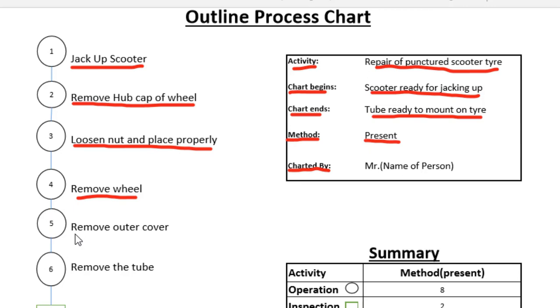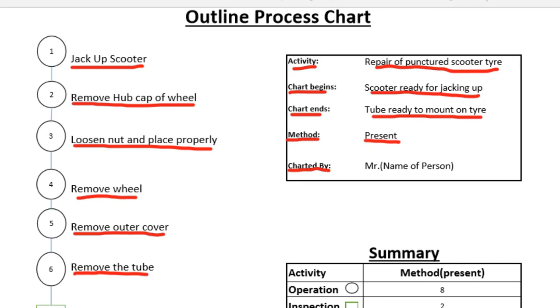Then we remove the outer cover of the scooter wheel or tire. After removing the outer cover of the tire, we remove the tube that is inside the tire. Now we check the exact location of the puncture.